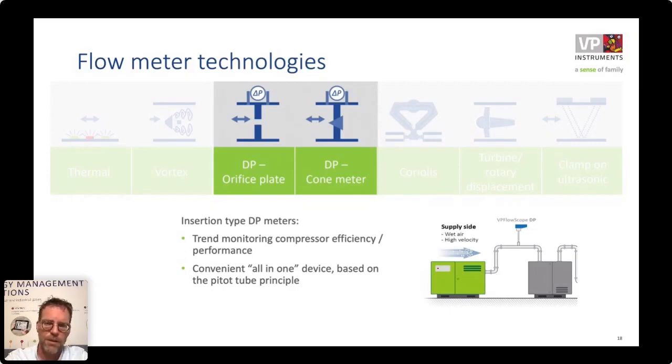Pressure loss is lower, and that's a very good tool to trend the efficiency of a compressor or to test compressor performance in the field. Although there are restrictions, of course, because it's an insertable probe, so you have to take into account that there can be insulation effects. The advantage of these types of devices is that it's all in one, so it outputs a direct mass flow signal, and you don't have to do all the calculations or programming yourself. It's a complete plug-and-play unit.